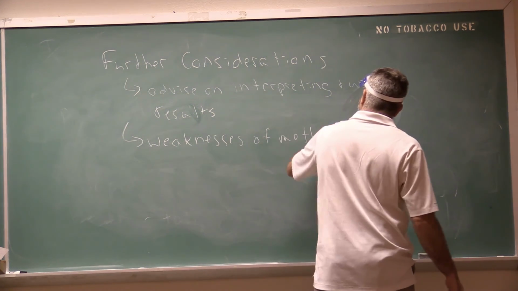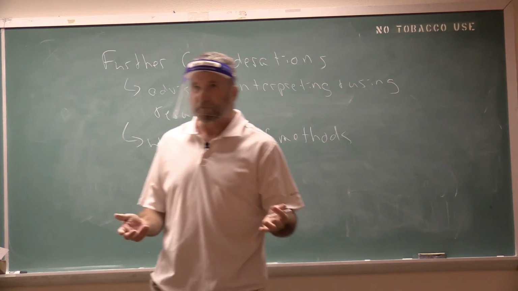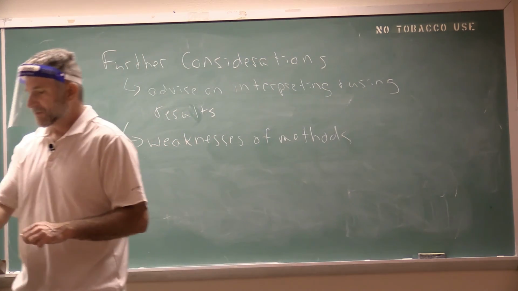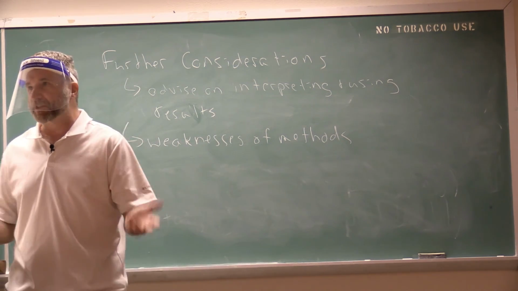Weaknesses of the method. If you're doing this for a company, you always want to protect yourself a little bit, because things might not go exactly as you plan, and you don't want to make it seem like your fault.